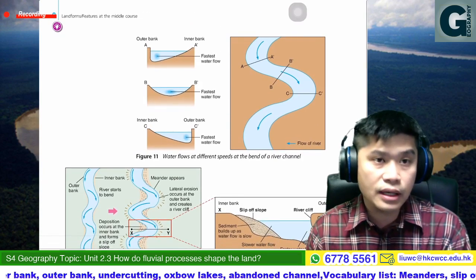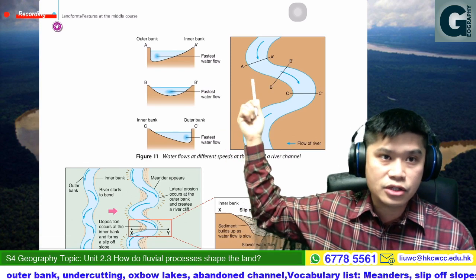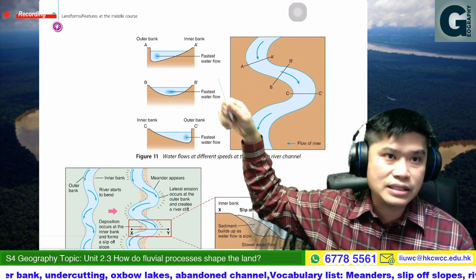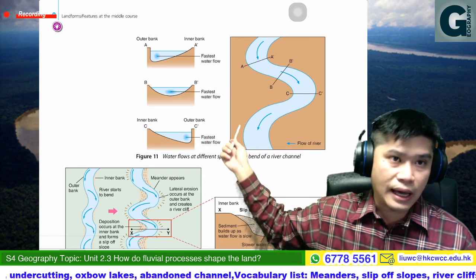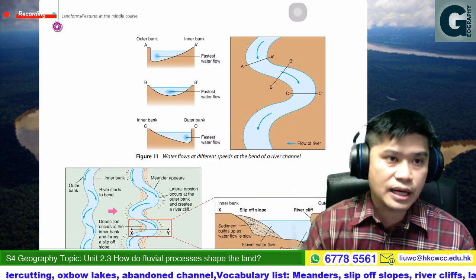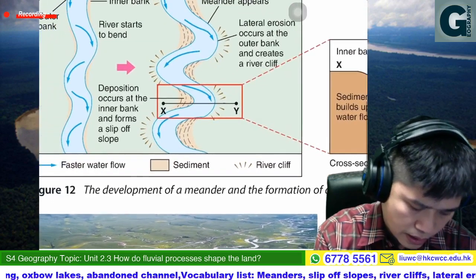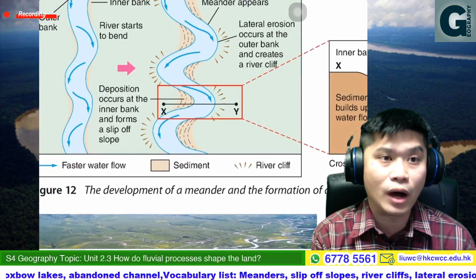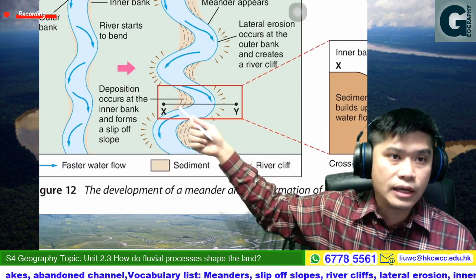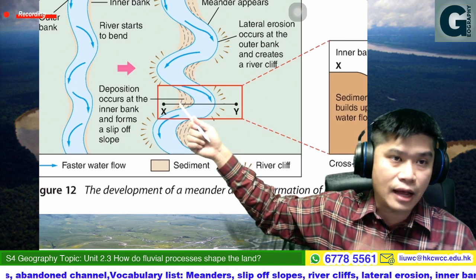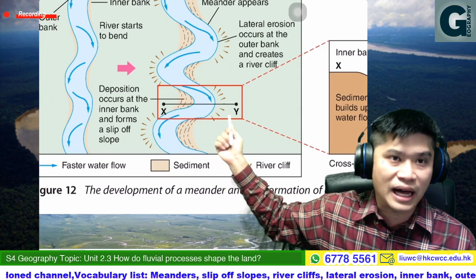And then on the next page, you can see there will be the three different courses of the river, cross sections A, B, and C, and you can see the different cross sections at different parts. For example, if we use cross section X and Y, X here would be the inner bank of the river, and Y here would be the outer bank.